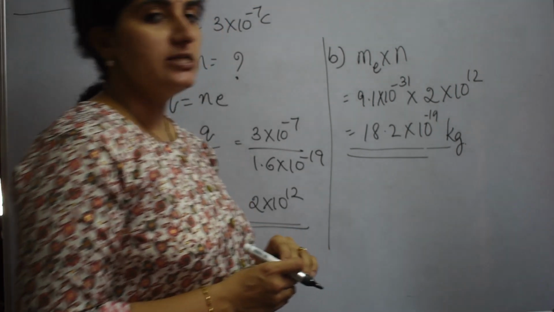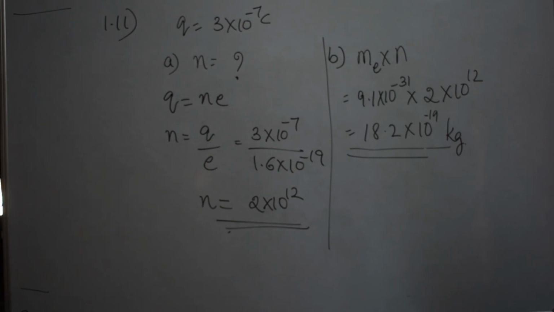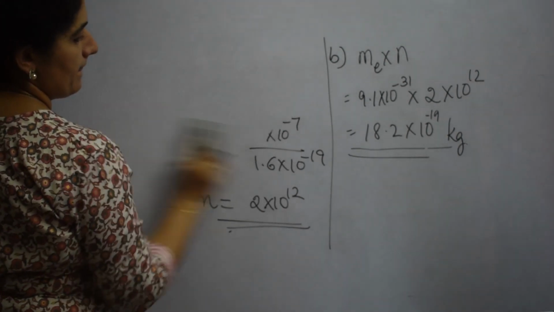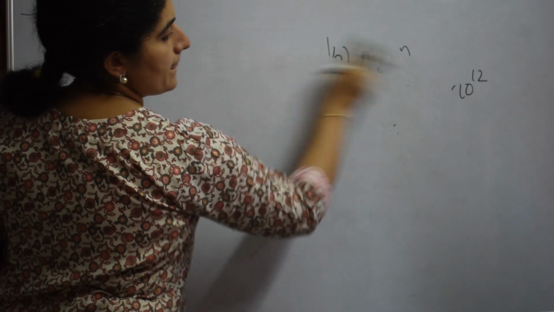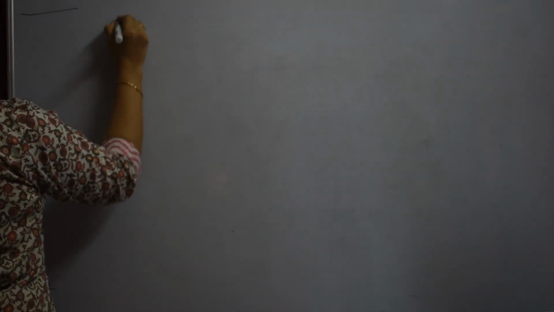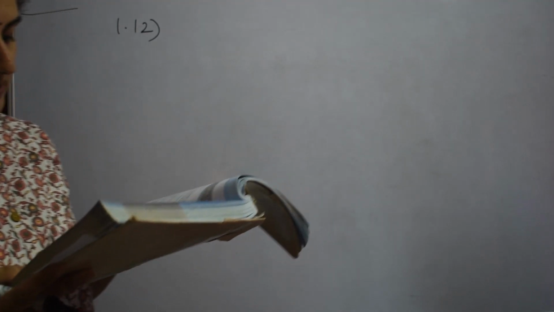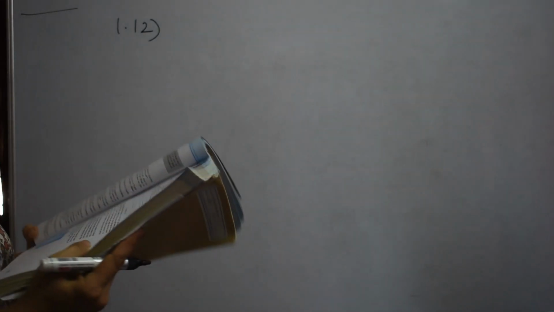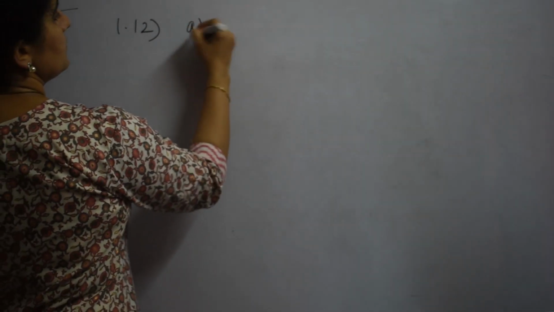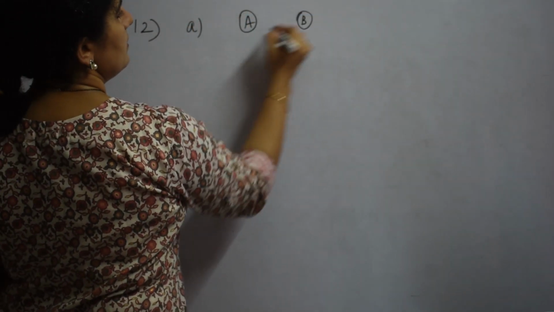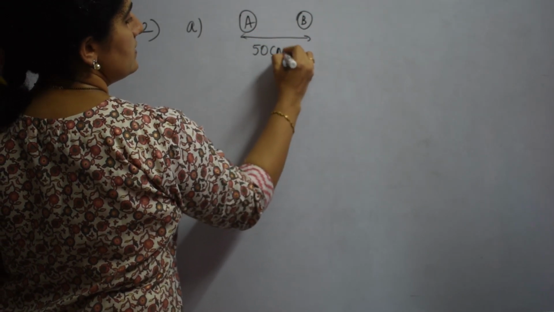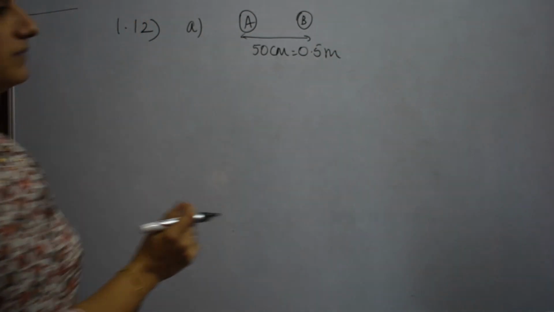Next is 1.12. Again you have two parts. Two insulated charged copper spheres A and B have their centers separated by a distance of 50 centimeter, 0.5 meter.